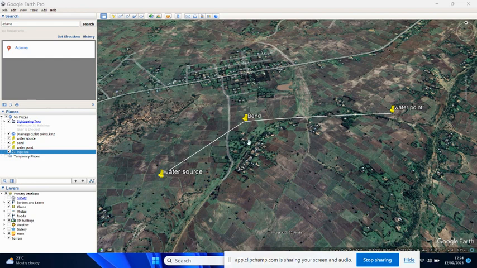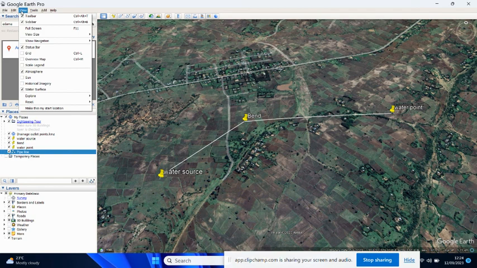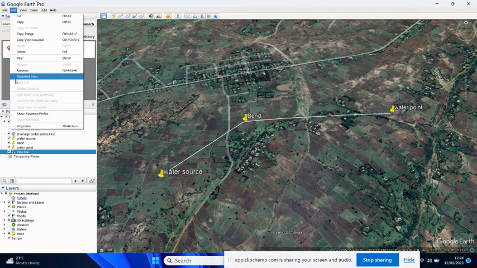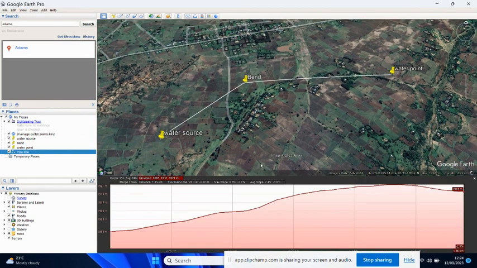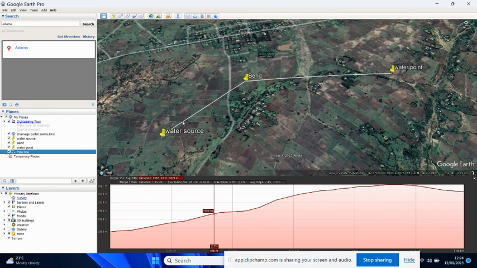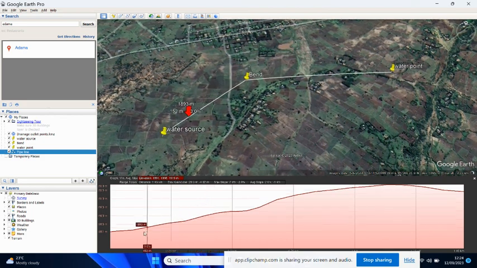Let us check the profile of this pipeline from the water source to the water point using Google Earth. As you see, from the water source to the bend, here's the bend, the profile of the bend is here.